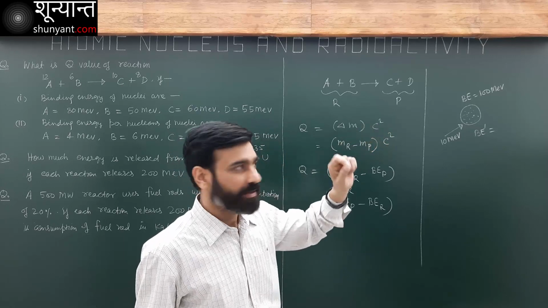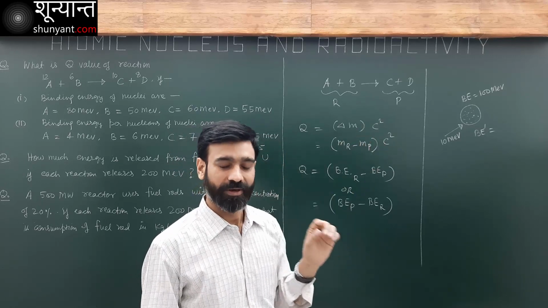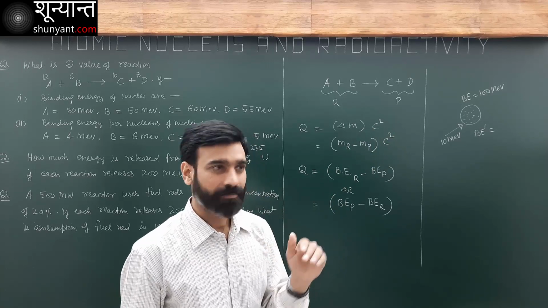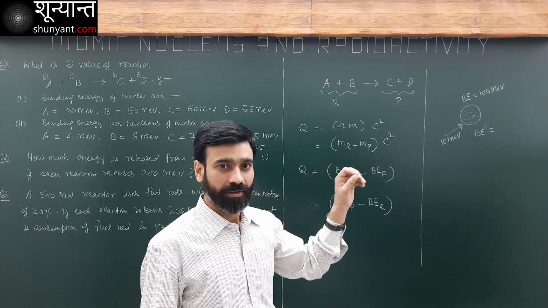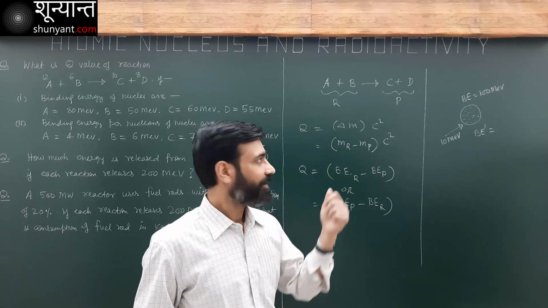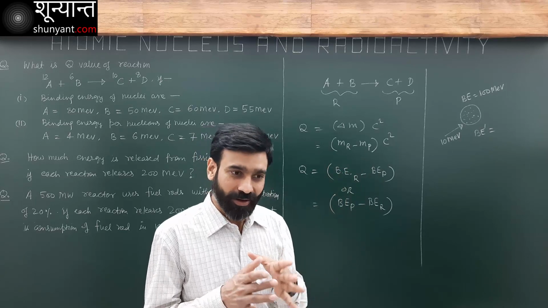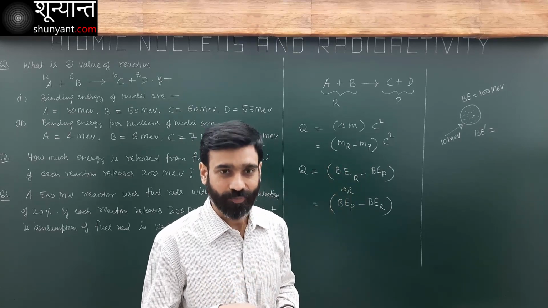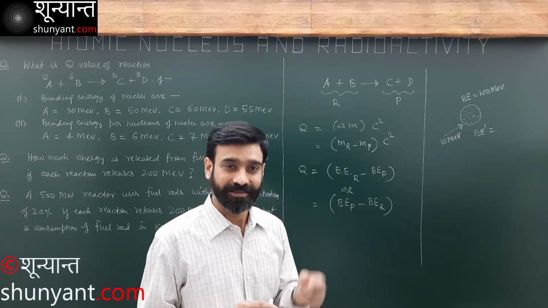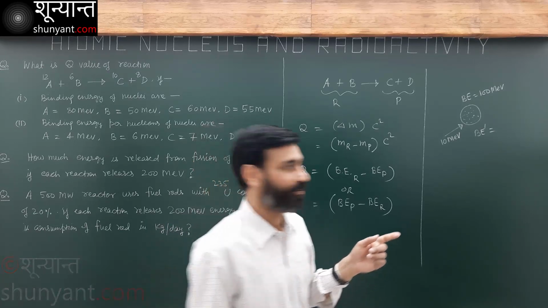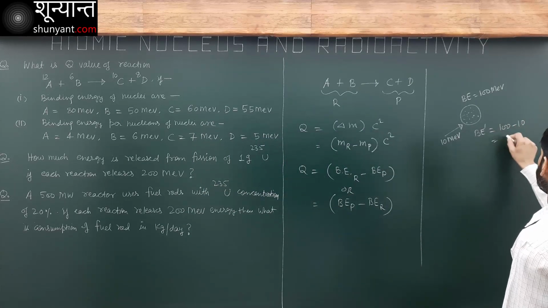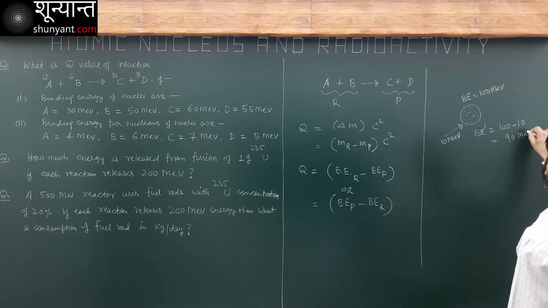The original binding energy is 100 MeV. What it means is that I need to supply 100 MeV to break this nucleus. Now, 10 MeV is already supplied. So how much more do I need? I need 90. That becomes the new binding energy. The new binding energy will be equal to 100 minus 10, that means 90 MeV.